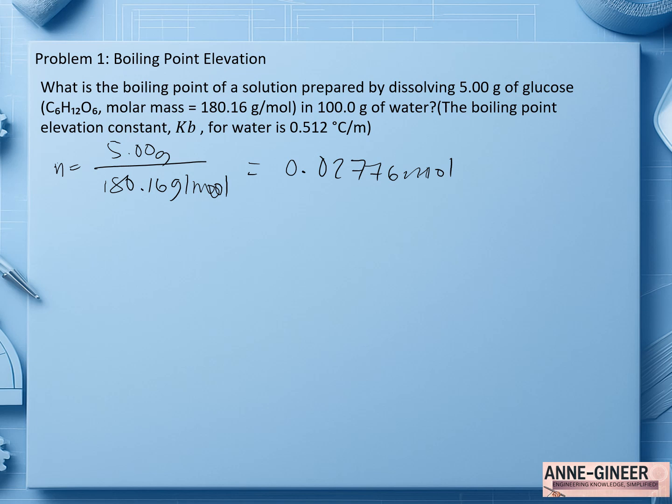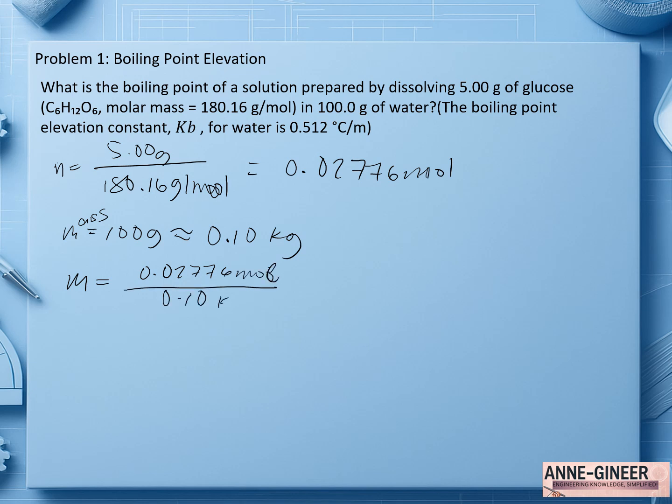The mass of water is 100 grams, so let's convert this to 0.10 kilogram. Let's compute the molality, which is 0.02776 mole over 0.10 kilogram. So we have 0.2776 mole per kilogram.